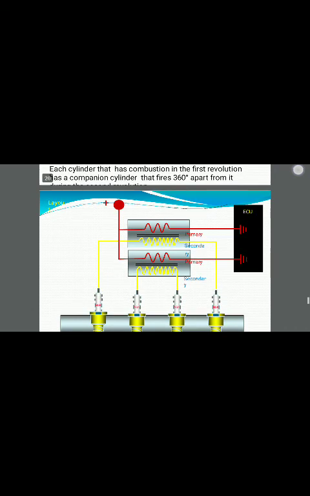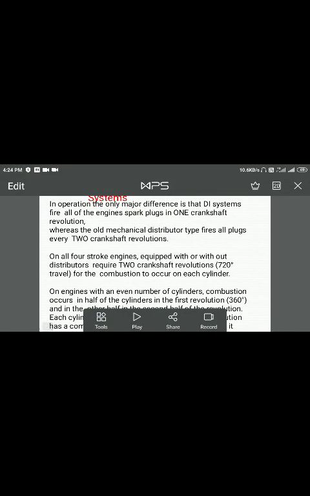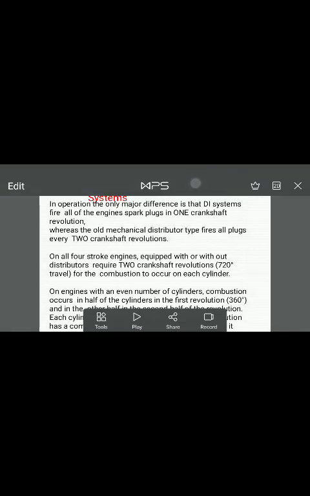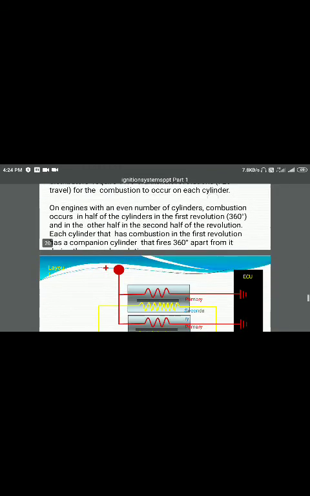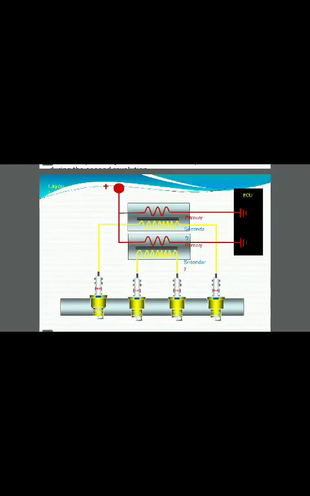You can have a look at the layout of this distributorless ignition system. You can see here there are four spark plugs and an ECU, with primary and secondary windings.